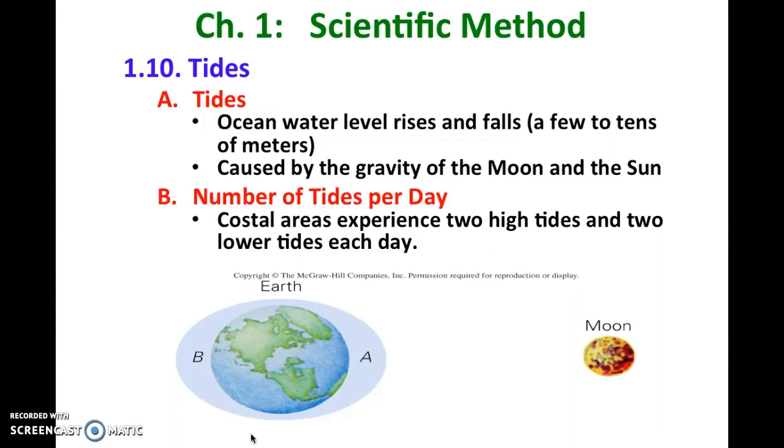A coastal area experiences a high tide if it is in the front of the Earth, i.e. the port A, which is strongly pulled by the moon's gravity and thus moves toward the moon, or behind the Earth, i.e. the port B, which is weakly pulled by the moon's gravity and thus moves away from the moon. An area neither in the front nor behind experiences a low tide. Therefore, each day, a coastal area experiences 2 high tides and 2 low tides.